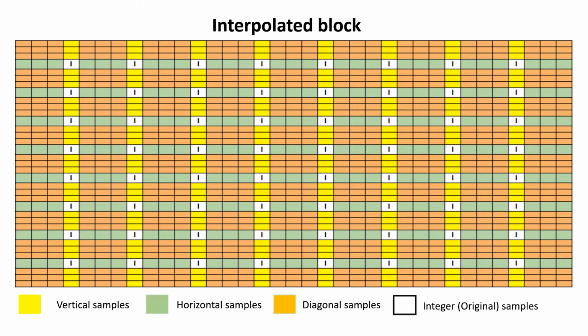For diagonal samples, we use already calculated horizontal samples. For border diagonal samples, we need three horizontal rows up and three horizontal rows down. So in total we need 14 horizontal lines, 8 vertical lines, and 27 diagonal lines in interpolation.